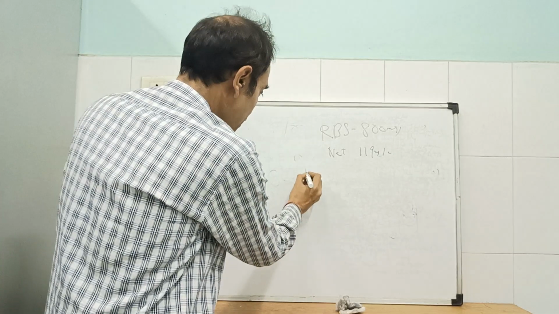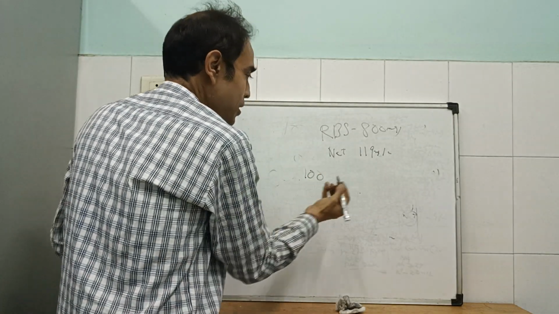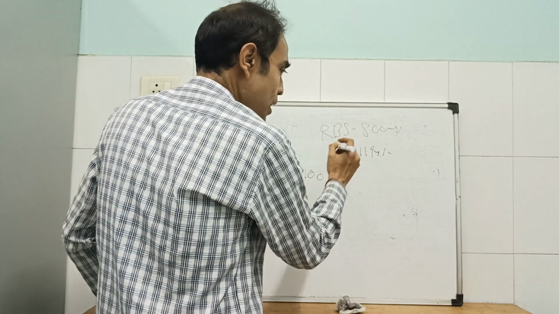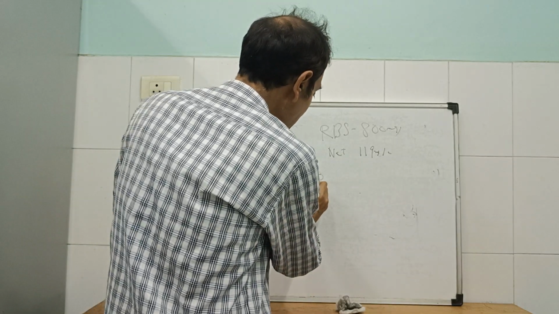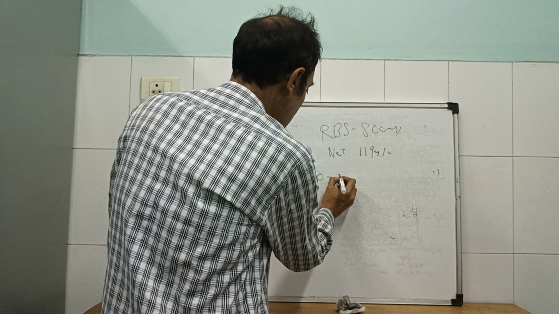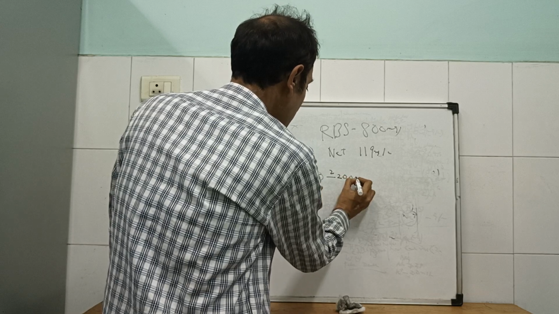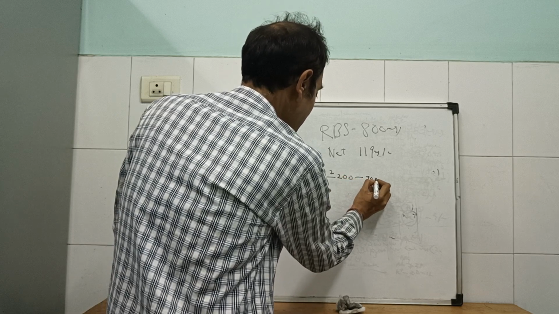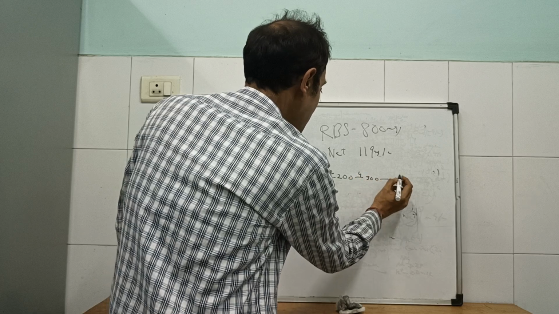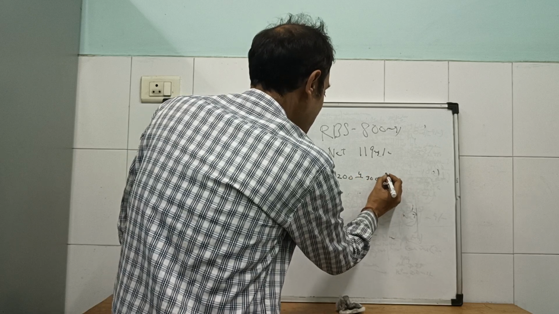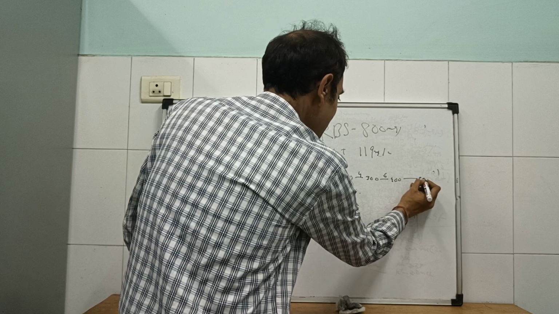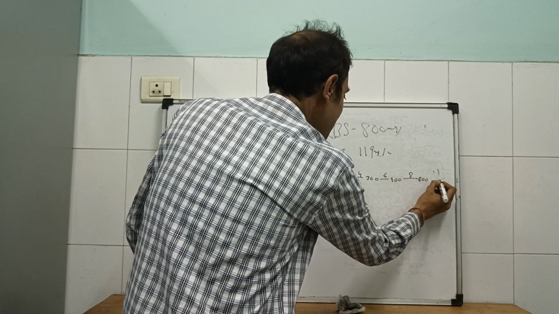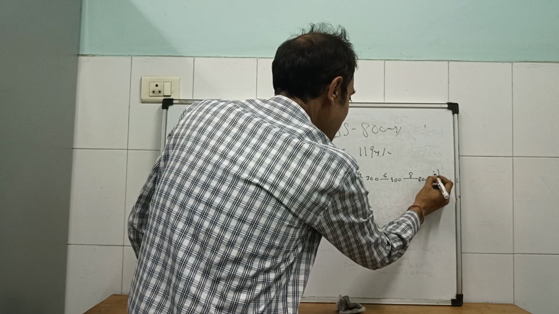For every 100 increase from normal 100, it should rise by 2 to 2.4. Suppose it is 2. So there is 100, 100, 200, 2, 300, 4, 400, 6, 600, 8, 800, 10.